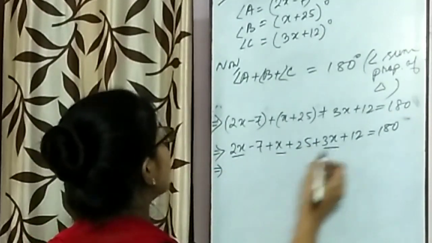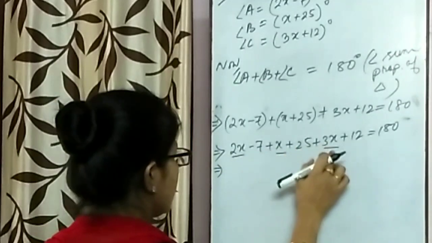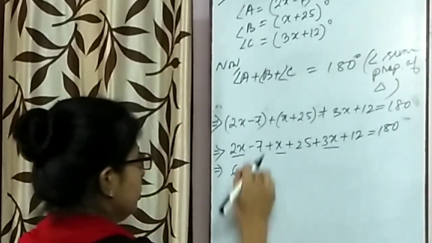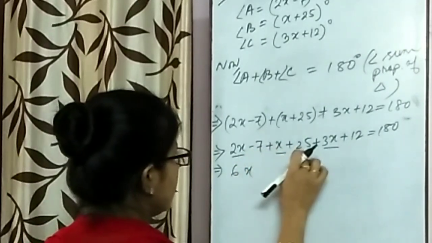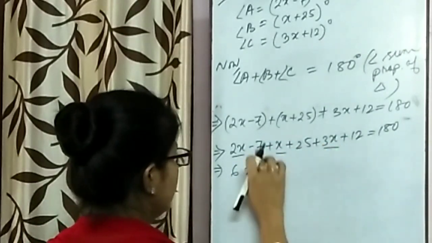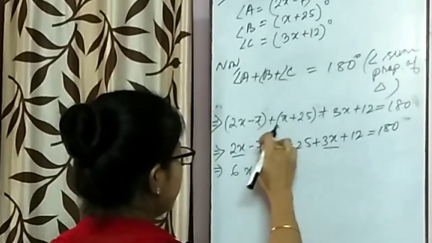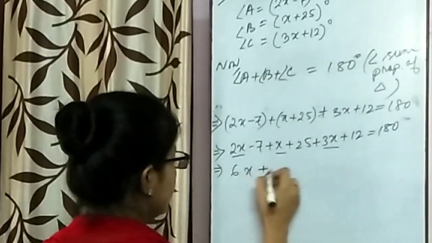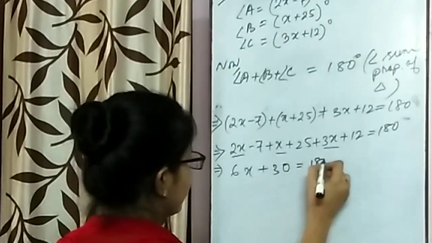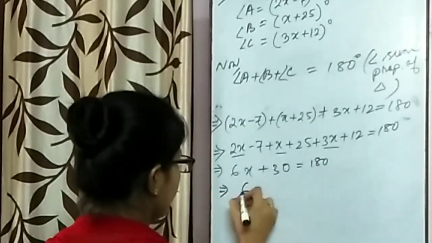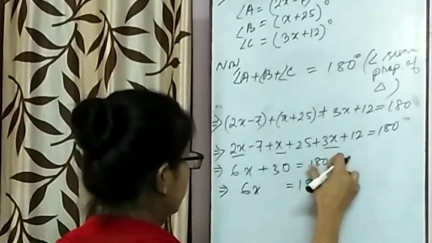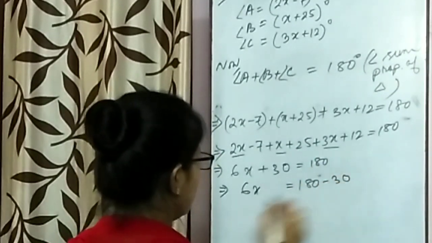2x, x, 3x. 3x plus 3x, 6x. So these three numbers have to be calculated. I am doing easily, that is 7 and 12, the 5, and 5 plus 25, it's 30. 180 minus 30.